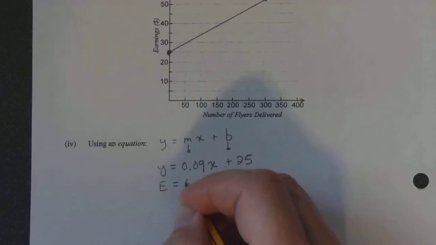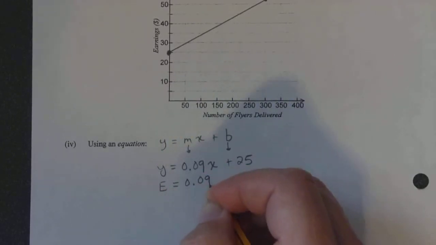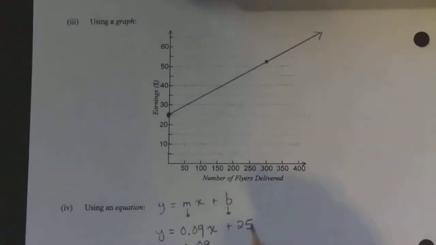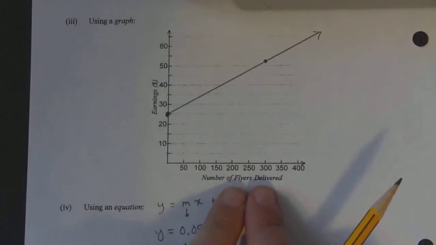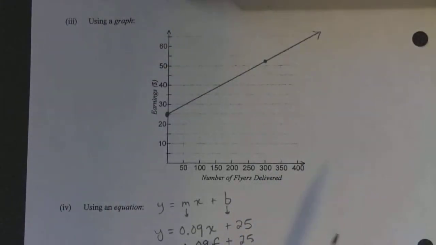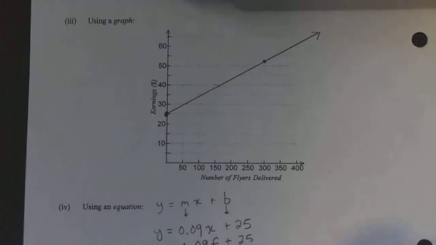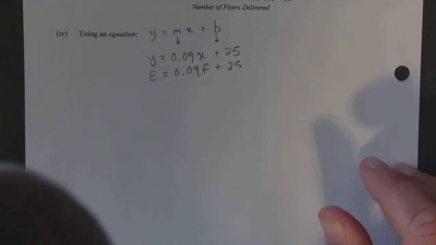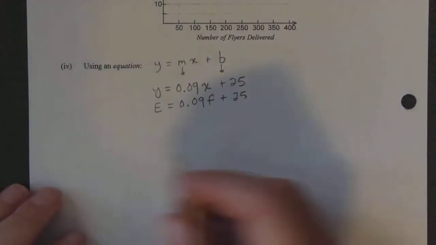So it should be capital E is equal to 0.09. My x is this axis, but it actually represents the flyers delivered. So let's call it letter F. Drop the plus 25. Okay? So we'd rather you use variables that make sense. E is for earnings. F is for number of flyers.